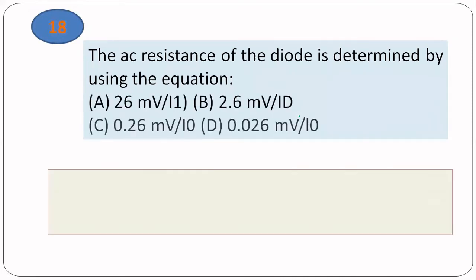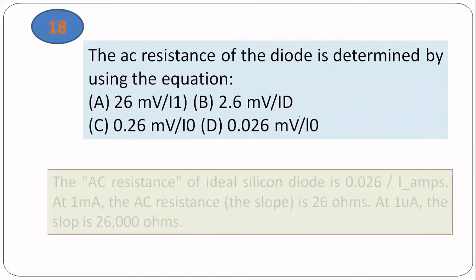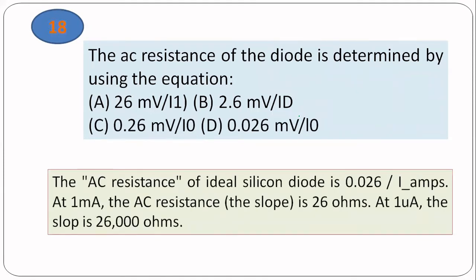Okay, this is about the AC resistance of the diode, which can be determined by the question. So, AC resistance of an ideal silicon diode is actually 0.026 per ampere. If we compare this 0.026, then we can convert it and say that it is 0.026.